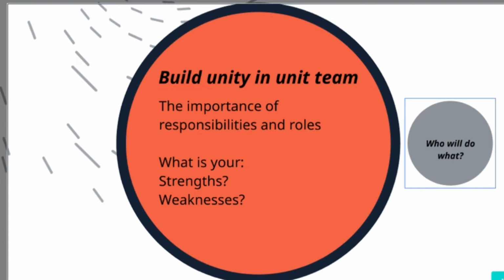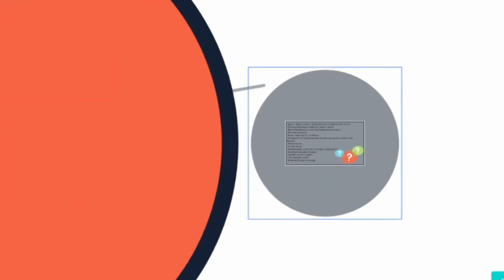Usually the first day is full of changes of plans and unexpected things, and it is much easier to react when you know who is responsible for what. You need to know for sure who will do what during the first day and after.